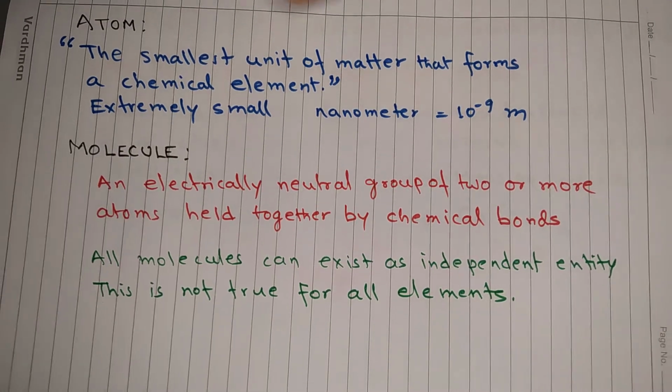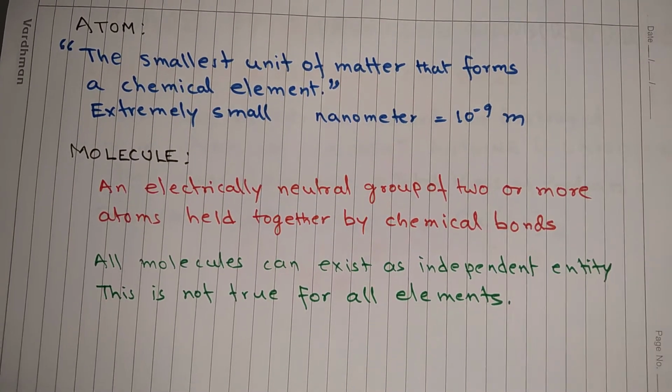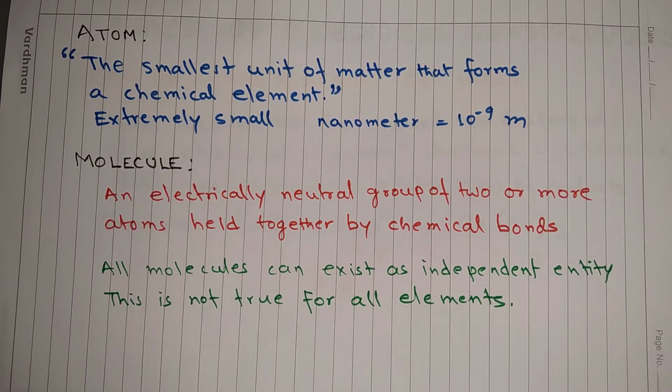What is an atom? An atom is the smallest unit of matter that forms a chemical element. As per definition, atoms cannot be destroyed, which means if we break an atom into its constituents, then the element will cease to exist.